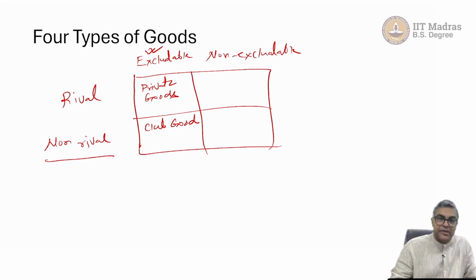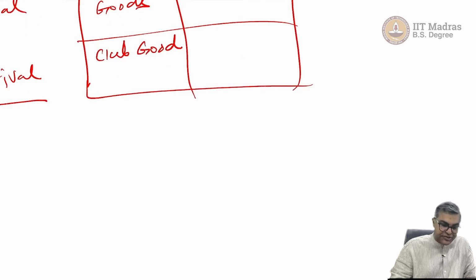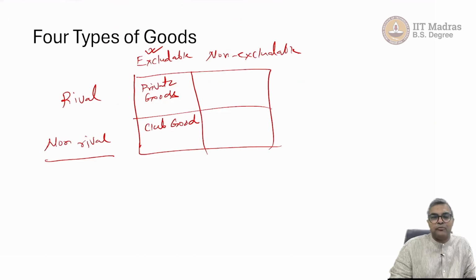So it is excludable but non-rival. One can say a cricket match in a stadium is a kind of club good, or all clubs work on this principle. A club creates a barrier, it excludes non-members, but whatever is available in the club is non-rival in nature. Watching movies in a movie theater can also be called a club good.